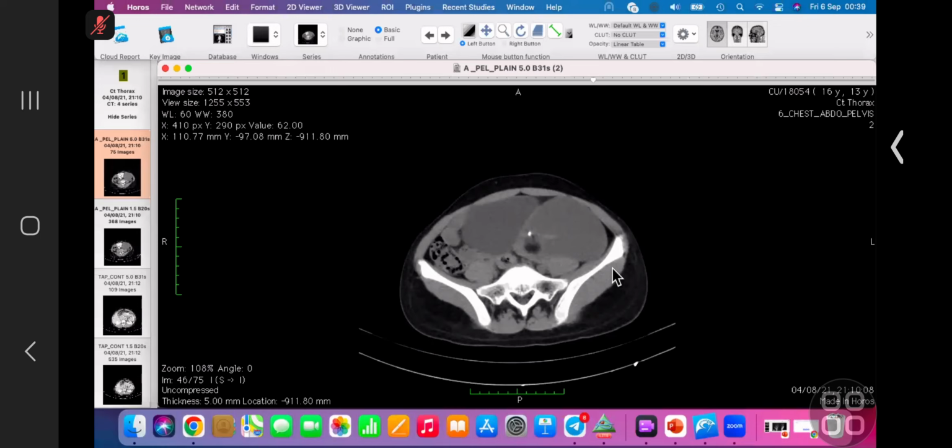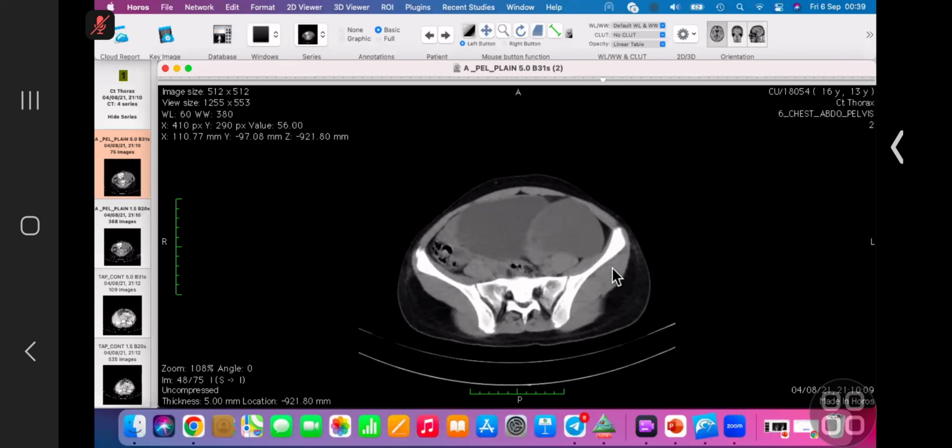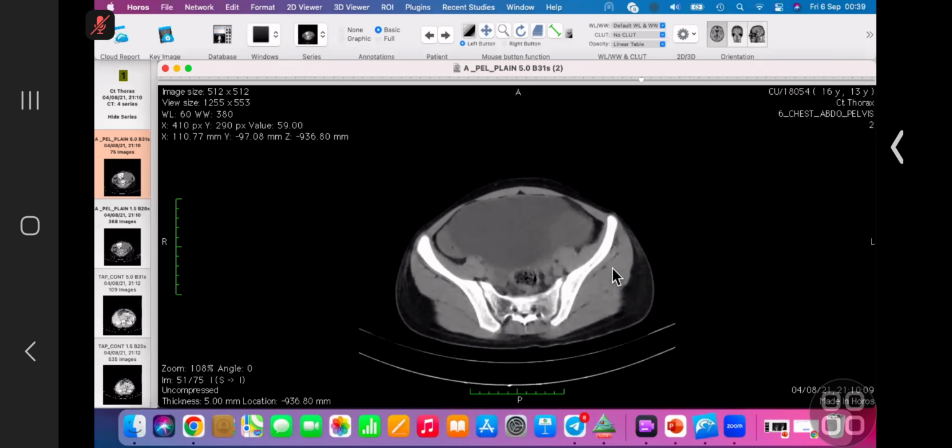What is your differential for this case? What other differentials can you think of apart from dermoid? It could be due to torsion of the dermoid. Other differential diagnosis, it could be torsion of the ovary itself.